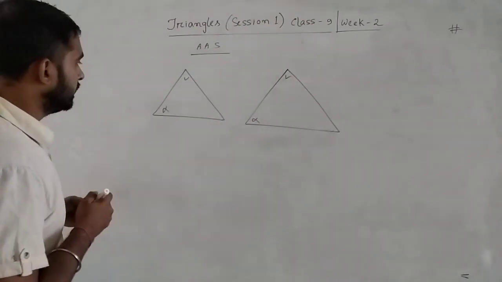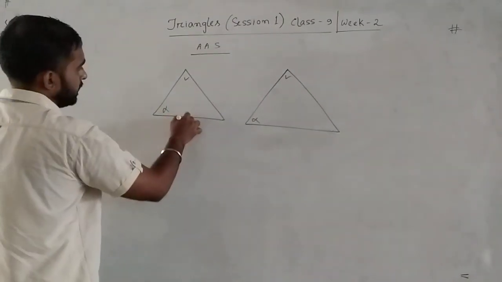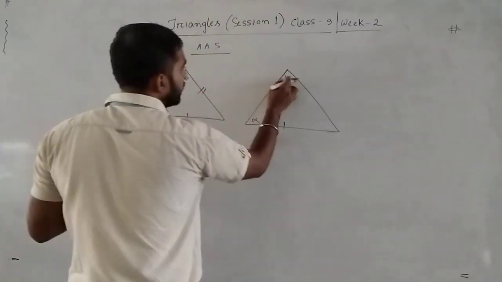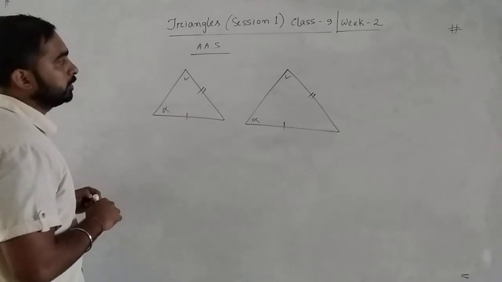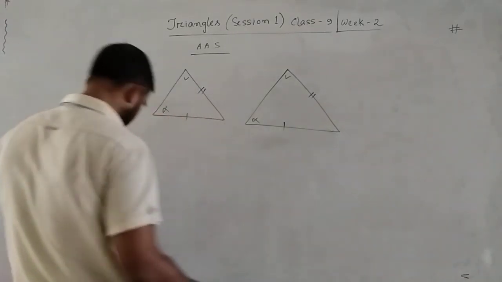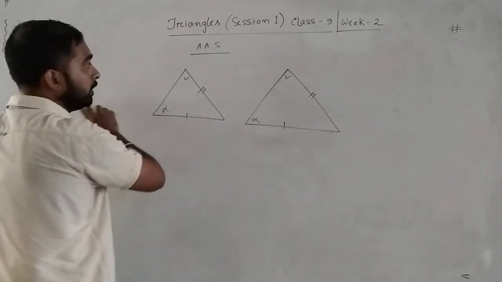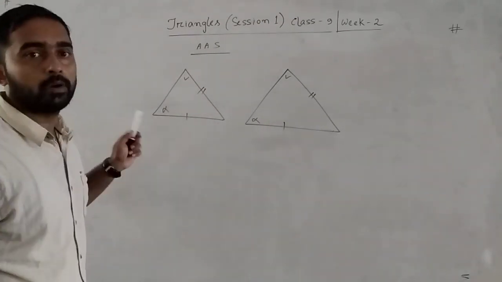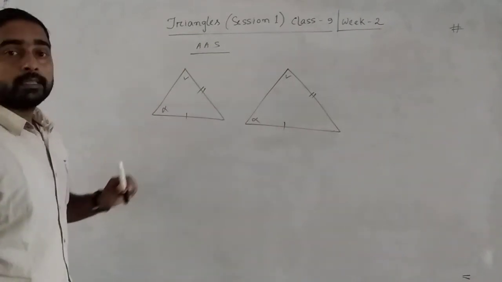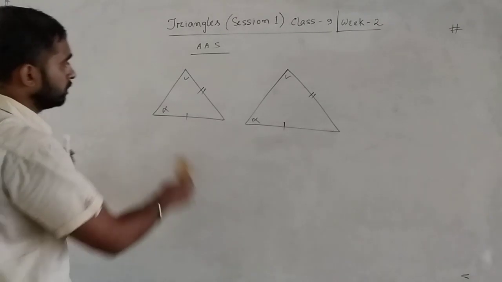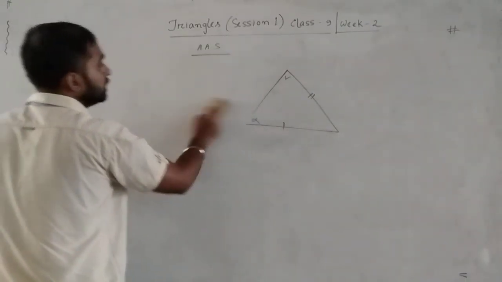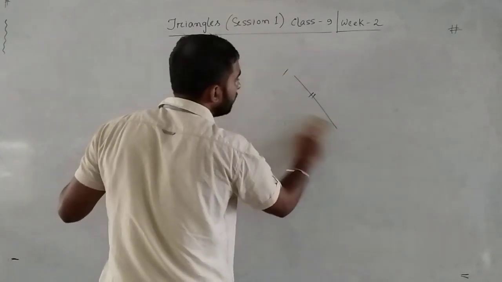Now angle side, angle side, or angle this side, angle this side. In this way we can say that these are congruent by angle side. But listen, if three angles are equal, then you can't say they are congruent. If all three angles are equal, then the triangles are similar. It's not necessary that if all the angles are equal, then it must be congruent. Maybe, but may not be.